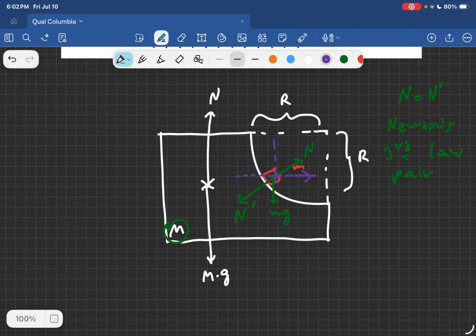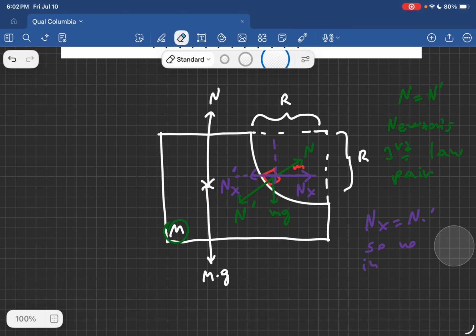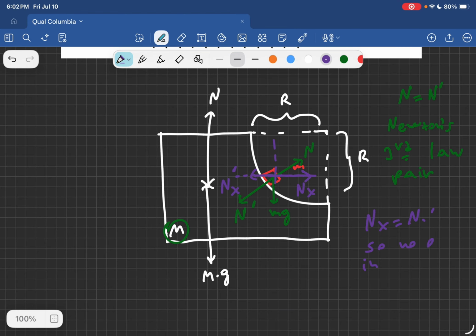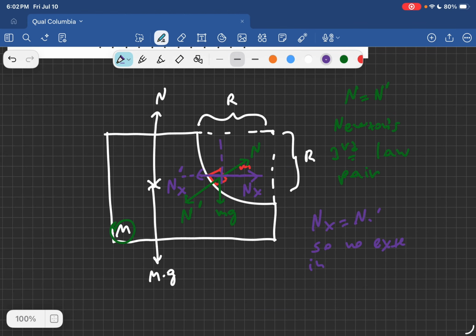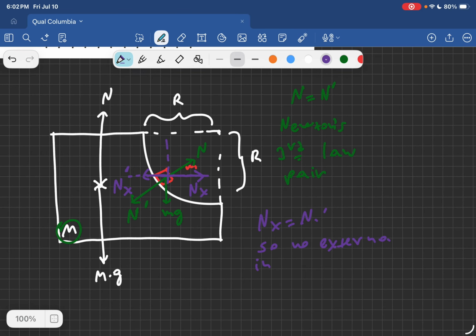In the horizontal direction, the x component of N and the x component of N prime are exactly equal and opposite. So N_x is N_x prime, so no external force in the x direction. That's the key here.